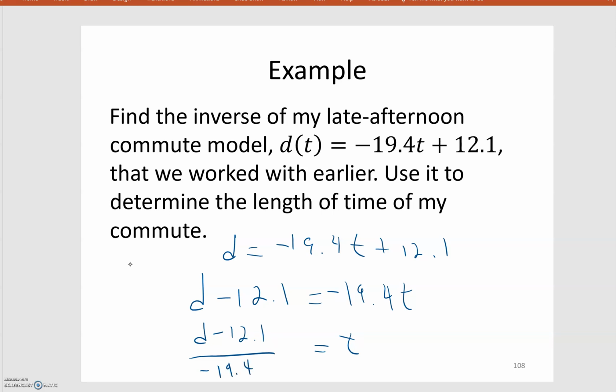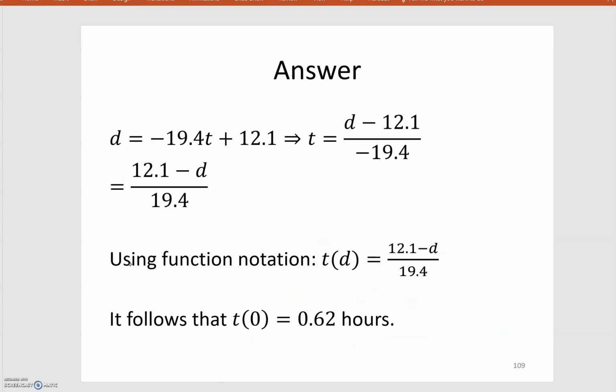Okay, and that's our inverse function. Again, I could rewrite this as t of D equals D minus 12.1 over negative 19.4. And there is our function.